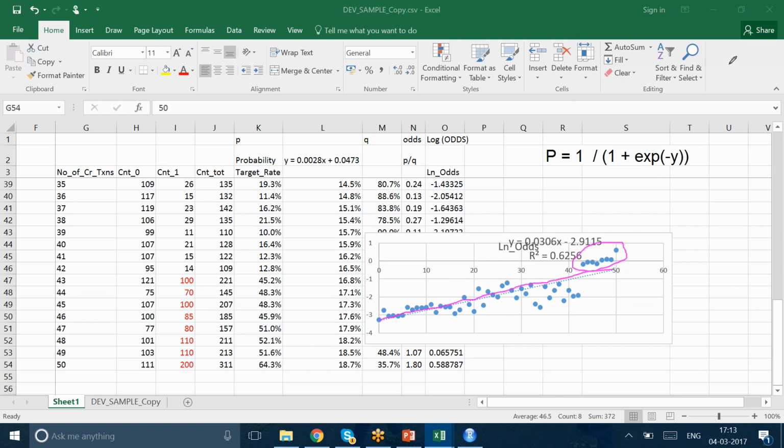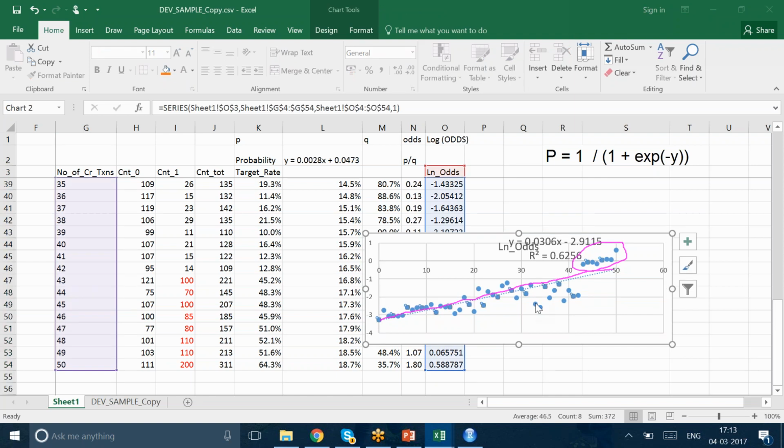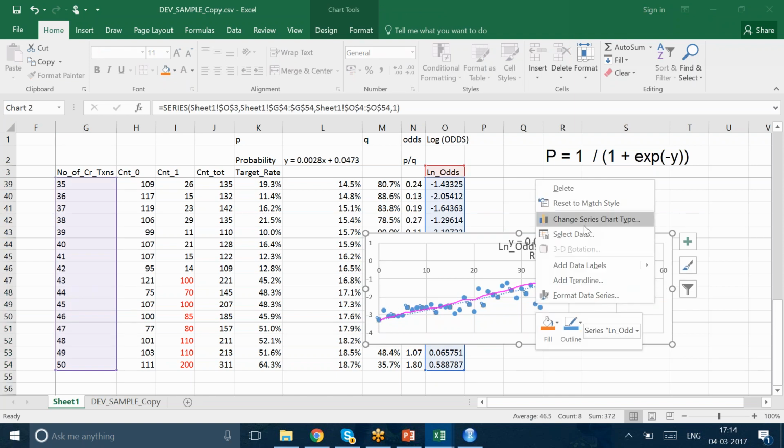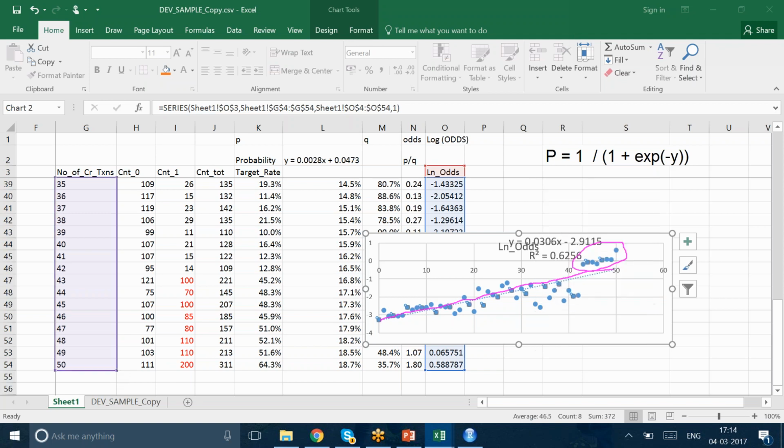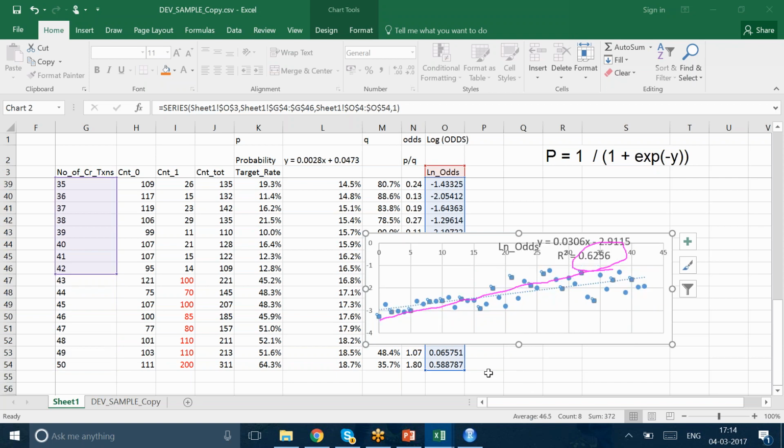Let us now, in this scatter plot, select data, the data selection. Let us reduce these data points. Series is 46.